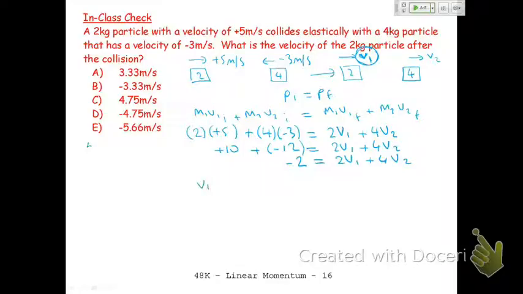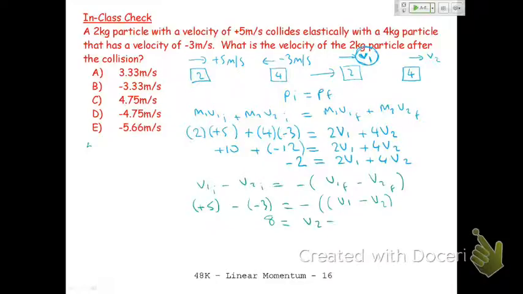V1 initial minus V2 initial is equal to the minus of V1 final minus V2 final. I'm rushing now, so I might make a mistake. So I look at my numbers, and I go plus 5 minus 3 is equal to the minus of V1 minus V2. So then I go plus 5 minus minus 3 is 8 is equal to, let's work out these signs, it's going to be V2 minus V1.